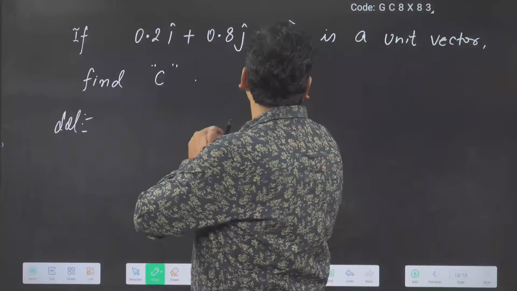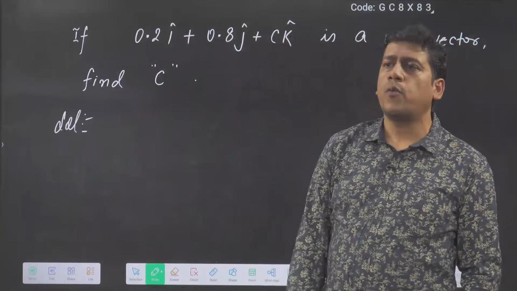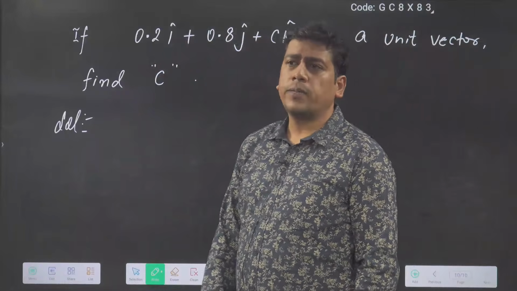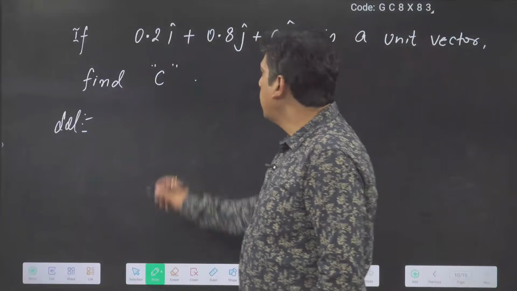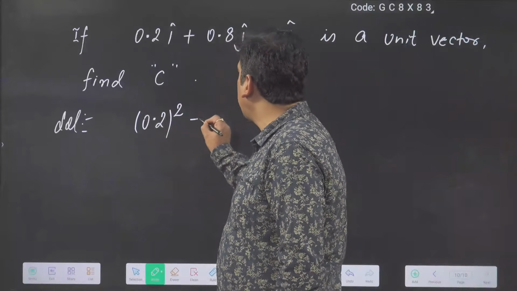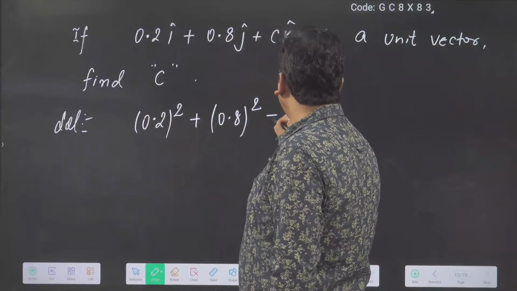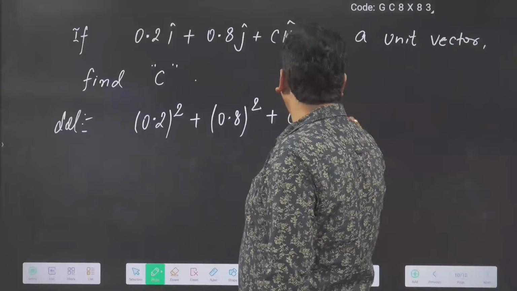If it is a unit vector, please understand, its magnitude should be 1. How to find its magnitude? Its magnitude will be 0.2 whole square plus 0.8 whole square plus c square, it should be 1.